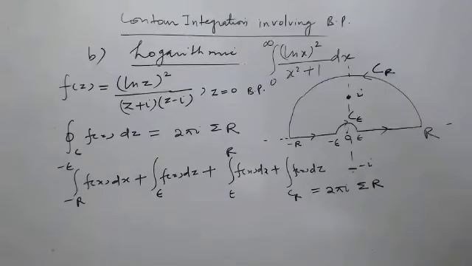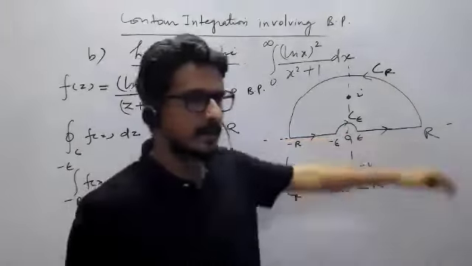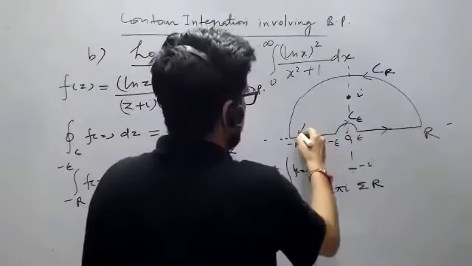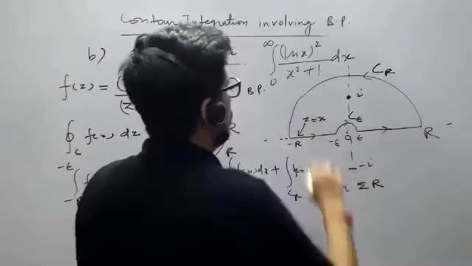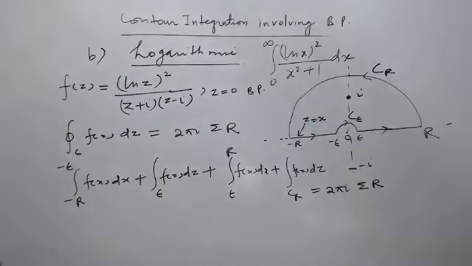Is this clear? When I am moving on the real axis, obviously y is 0, z is equal to x. So that's why I am writing f x dx.